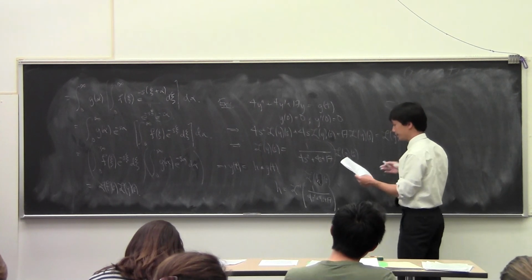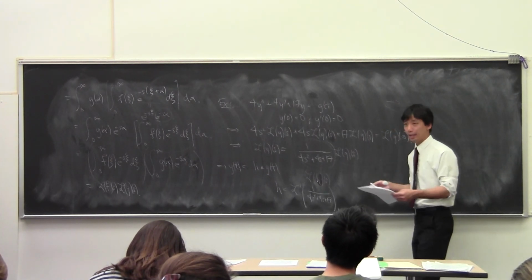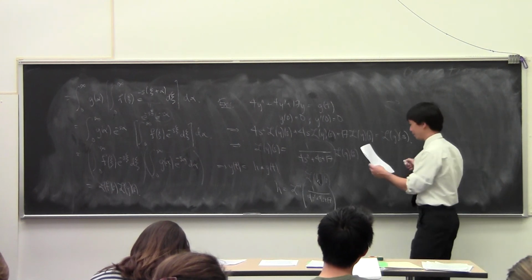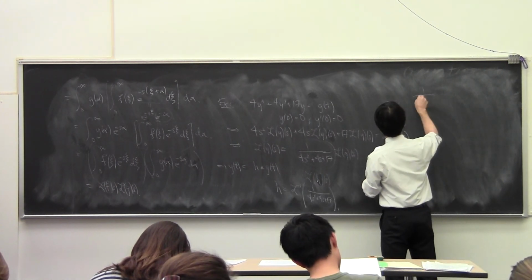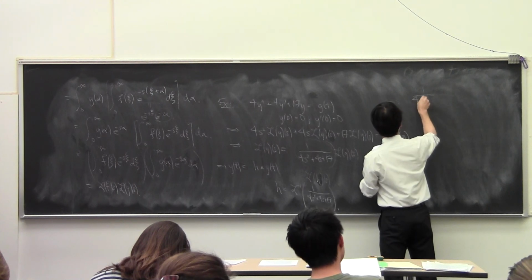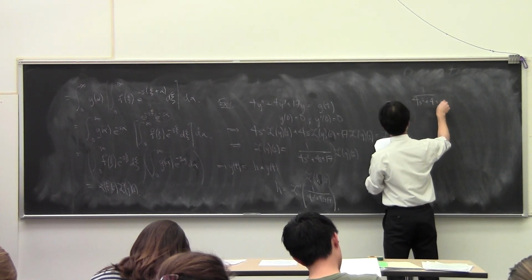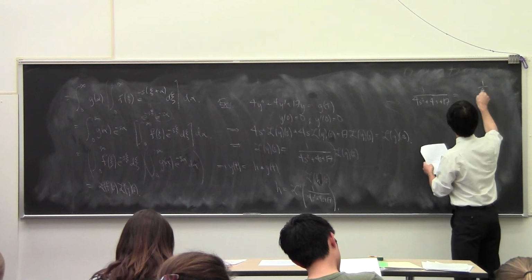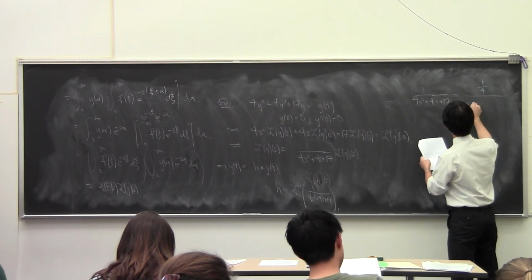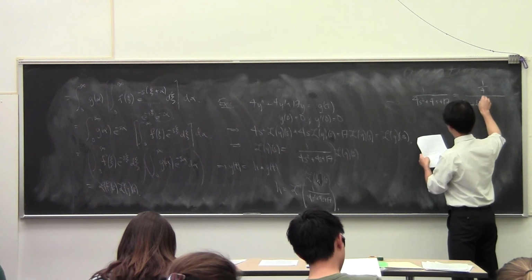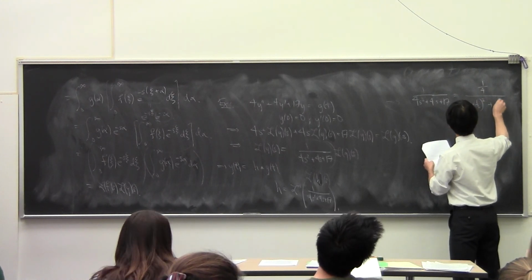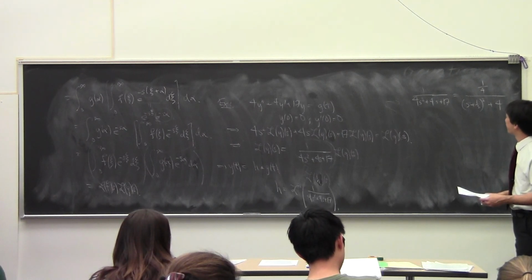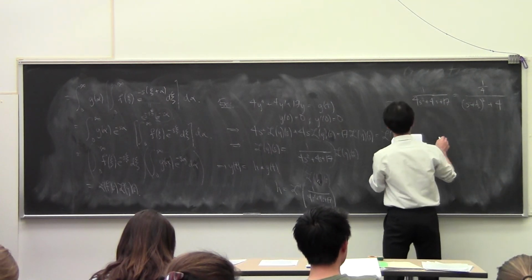And as usual, we use completing the square and translation and this sort of thing. I don't know if we really need to do this, I'm just going to write it down. 4s² + 4s + 17 turns into 1/4 over (s + 1/2)² + 4.